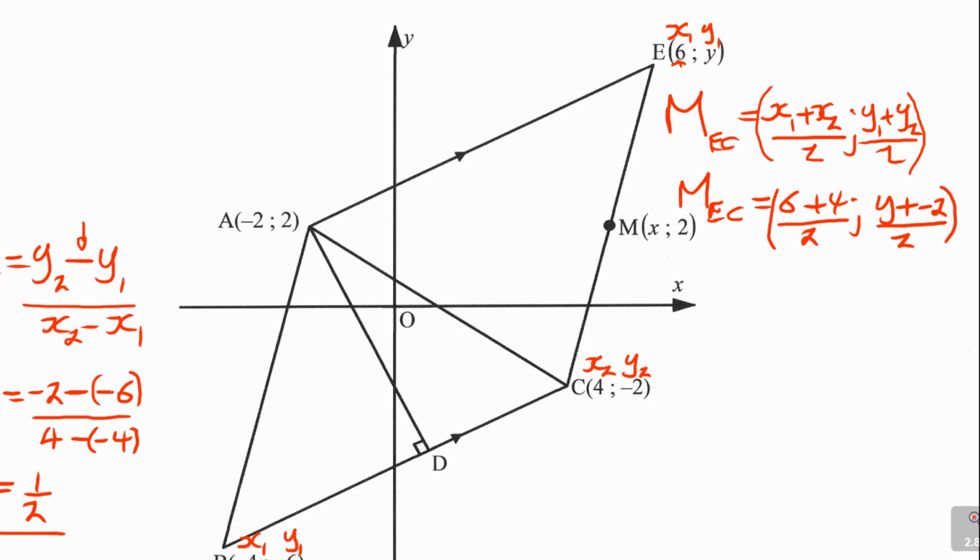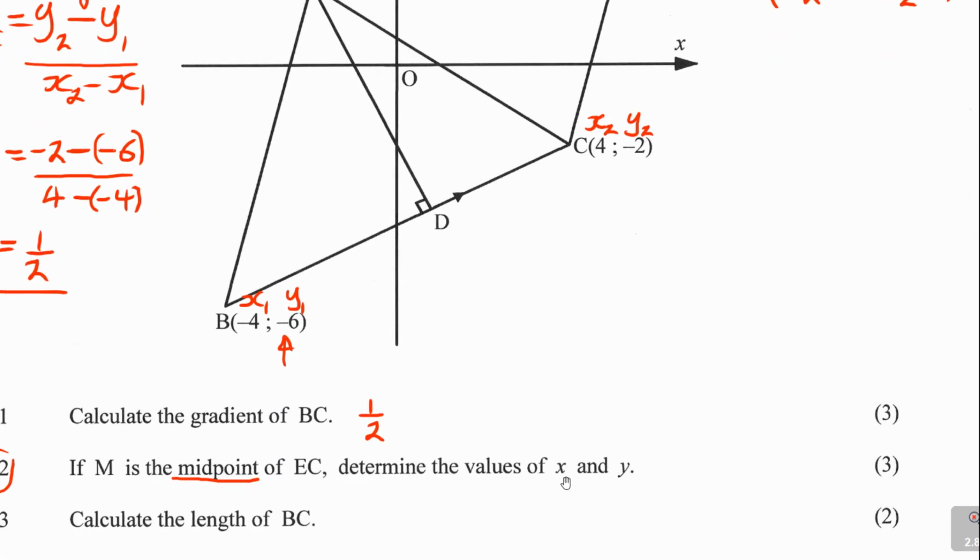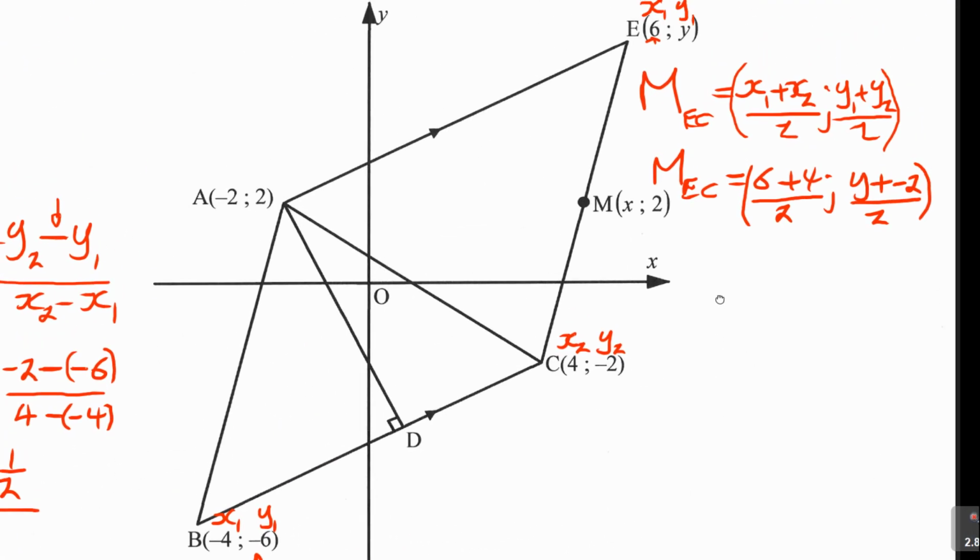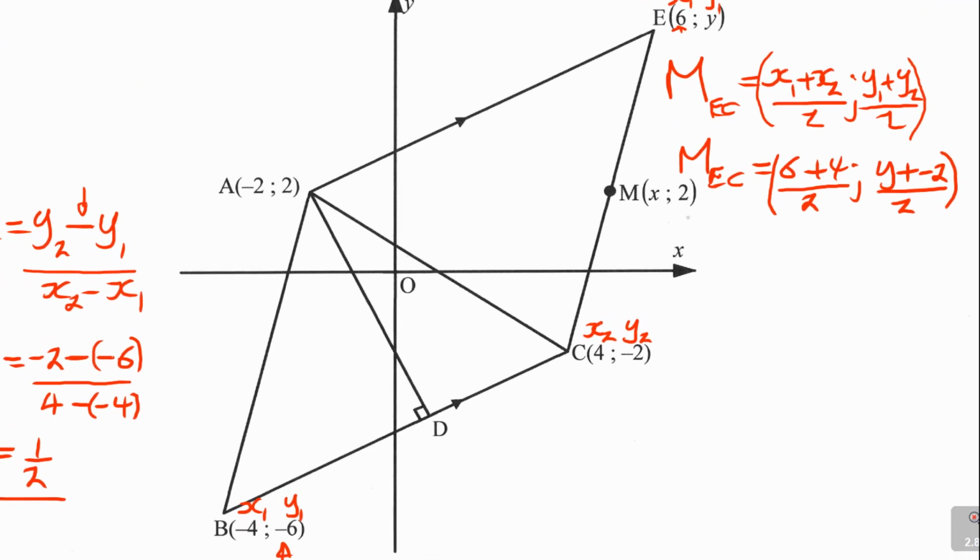Now, the question is, we need to find the values of x and y. So how do you do this? Look at this now. I'm told that the actual midpoint M, which is this part, is equal to the actual coordinates, x and 2.